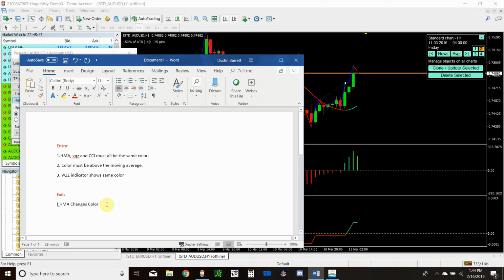Let's actually change this to when we get a cross of that short HMA over the long HMA. Cross short HMA over long. Okay. See what that does. So we can get rid of that.